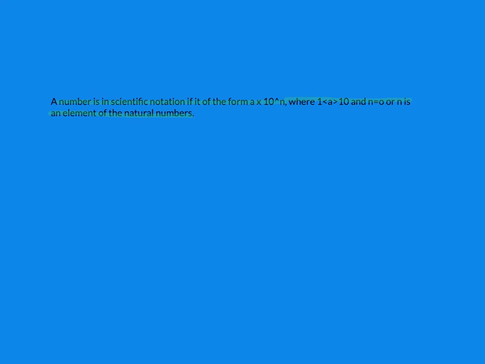Let's have a look at the number 673. Now, that particular number is just another number. It doesn't seem too big. But if I want to write that in scientific notation, well, 673 is way bigger than 10. Let's see if I move the decimal point. 67. That's still way bigger.